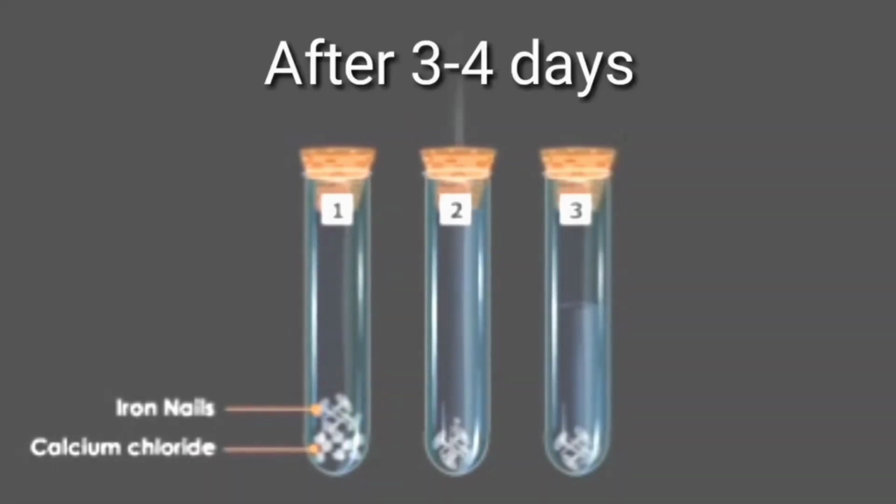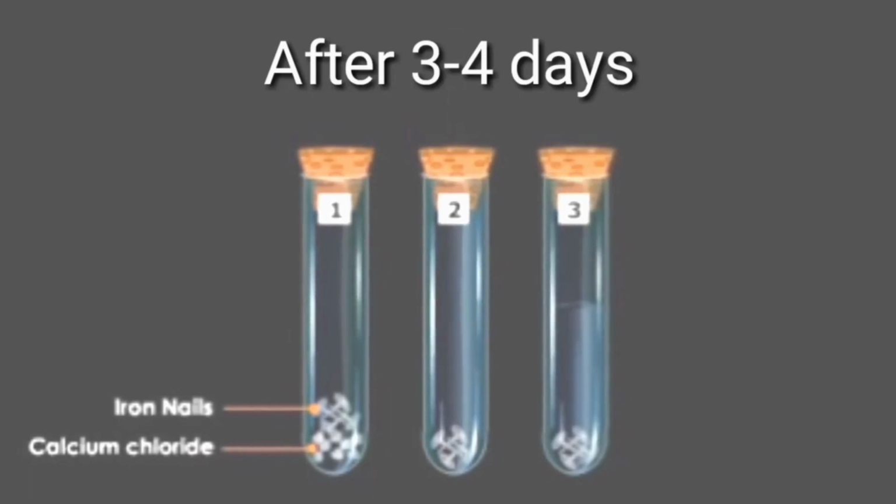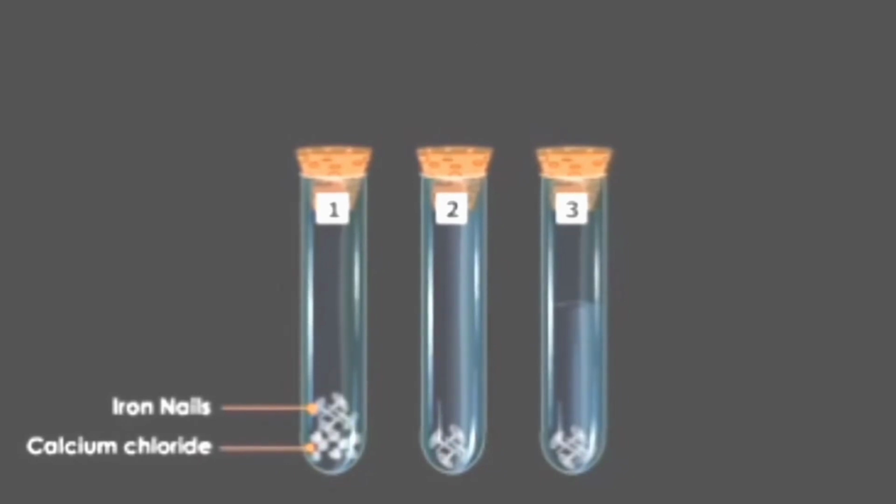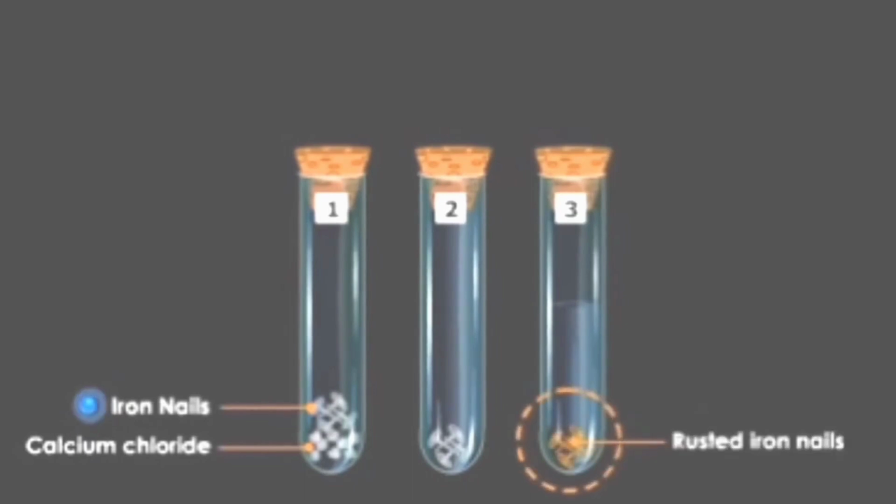After 3 to 4 days, the nails are taken out and examined carefully. In the first and the second test tube, there is no change. That is, there is no rust. But in the third test tube, the nails are being rusted.